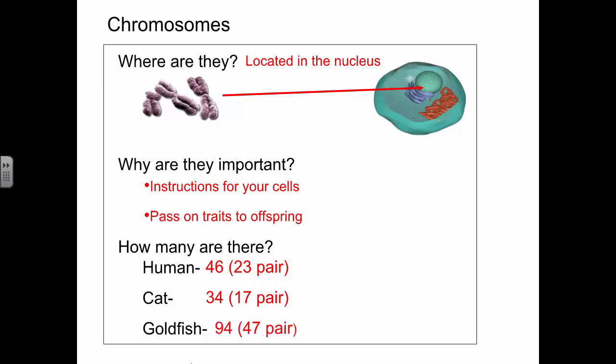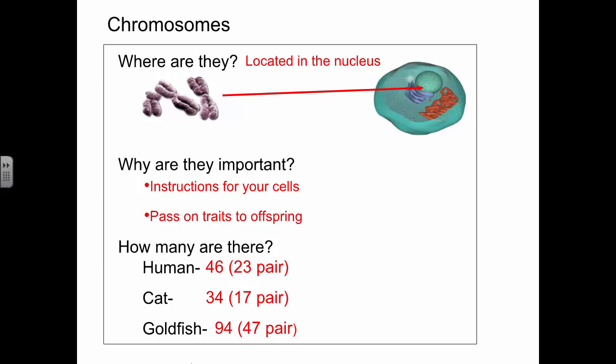Goldfish have 94 chromosomes. Somebody said 90, but I think he was just throwing out guesses, somewhere between 0 and a million.